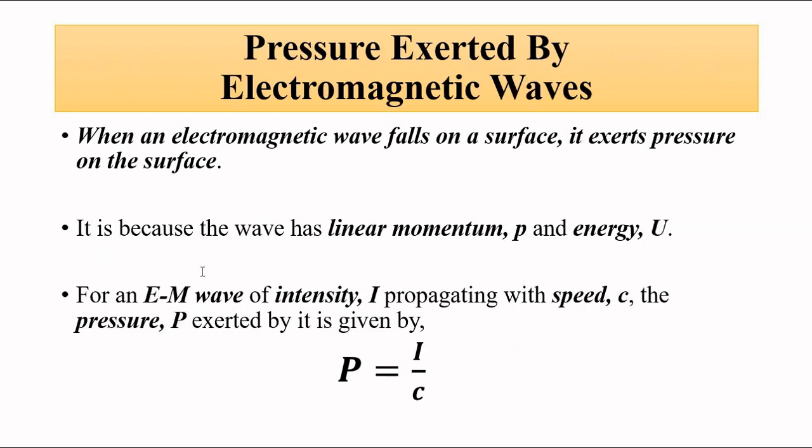Next is pressure exerted by the electromagnetic waves. So far we have discussed the energy, intensity and momentum of electromagnetic waves. So it is obvious that whenever an electromagnetic wave strikes a particular surface, a solid surface, it will exert some pressure on it.